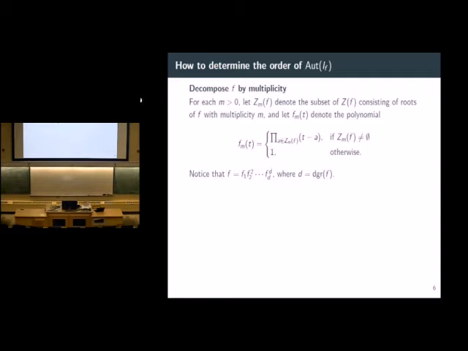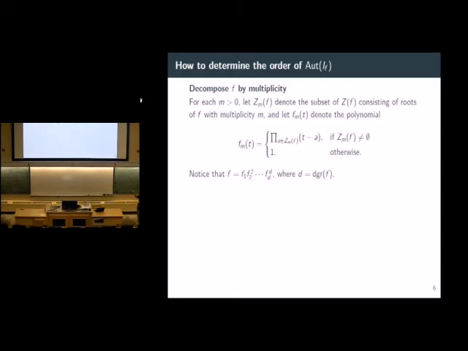So you can take the subset of roots with multiplicity m for each m. Then you write f as a product of f1 times f2 squared times f3 cubed and so on, where fm is just the product of the t minus the roots that have multiplicity m.